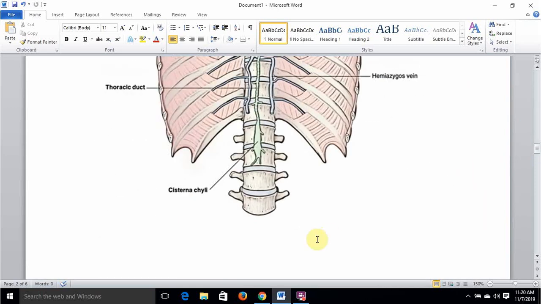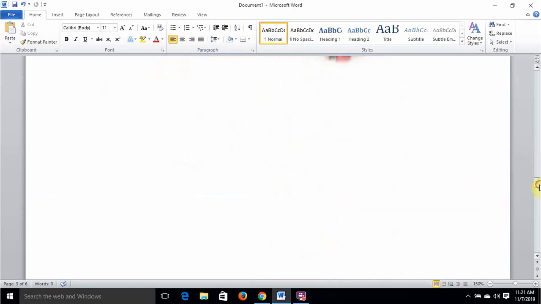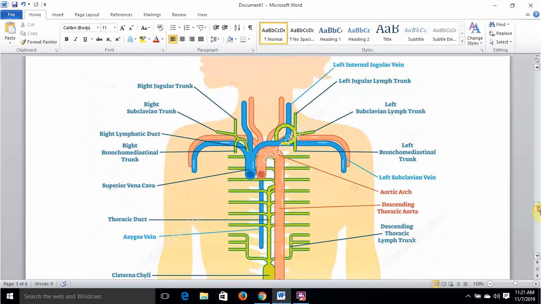Now what about the tributaries? Right, this is best shown in this diagram over here. So these are all the tributaries from the posterior mediastinal nodes and the small intercostal nodes. In the neck, three large lymphatic trunks are received.